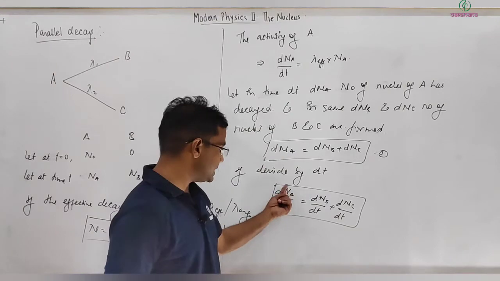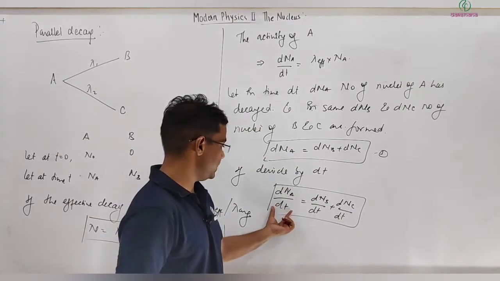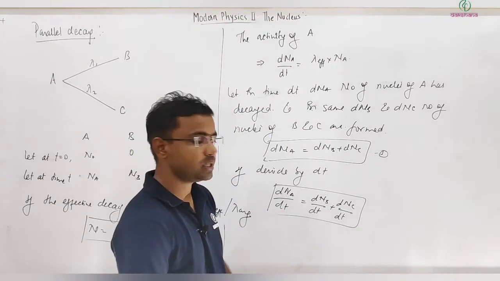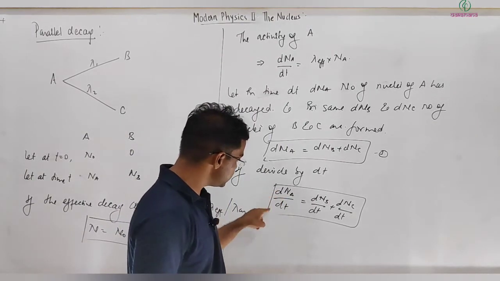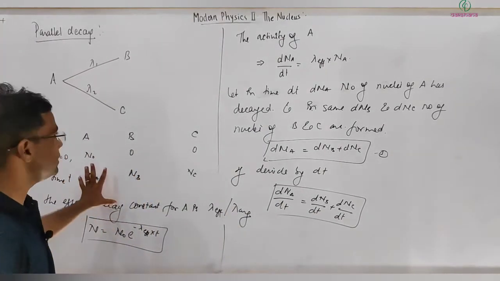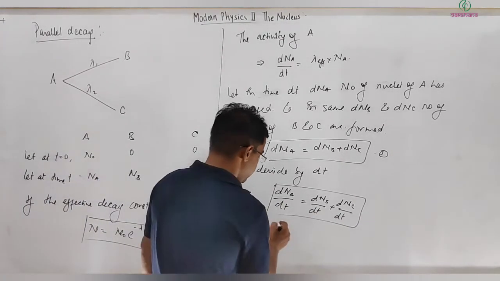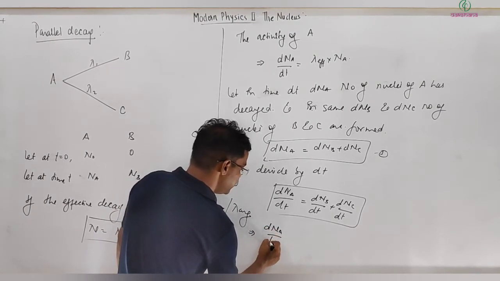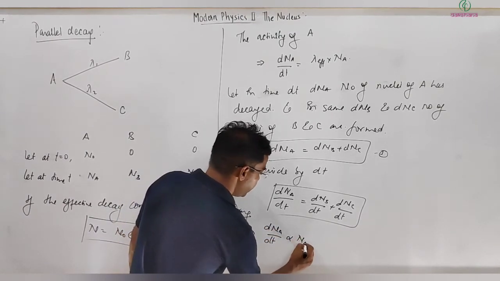So overall, the rate at which A is decaying is equal to the rate at which B is formed plus C is formed. And I can write this is proportional to what? Alright, so I will write here dNA by dt is proportional to Na total.